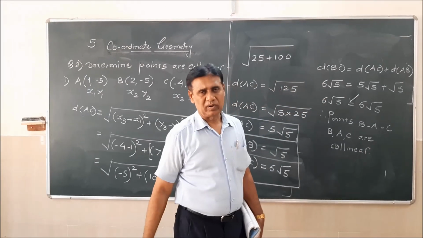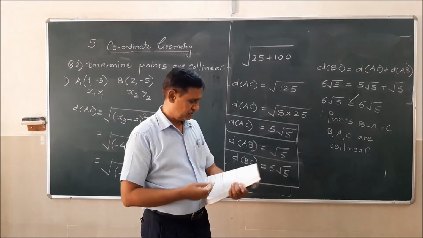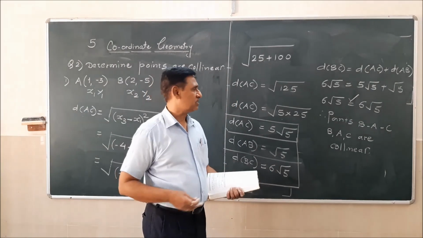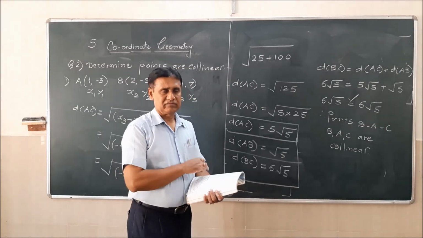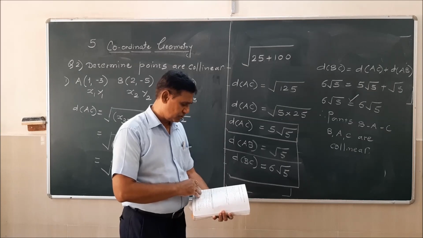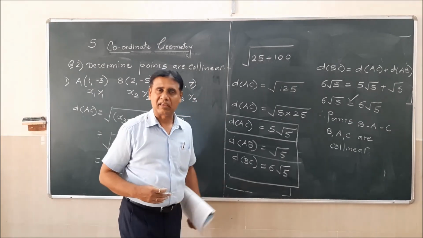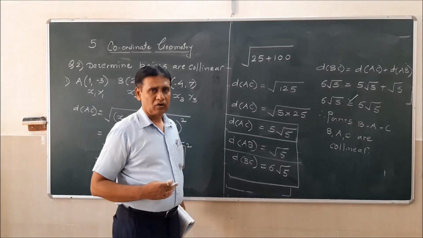So this way, my dear students, we have solved the first question of 5.1, as well as the first question of question number 2 of 5.1, to decide whether the given points are collinear or not.